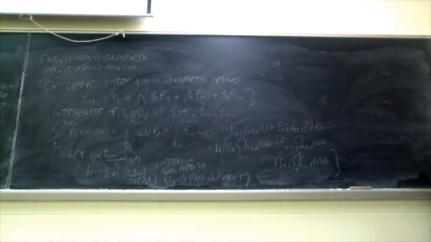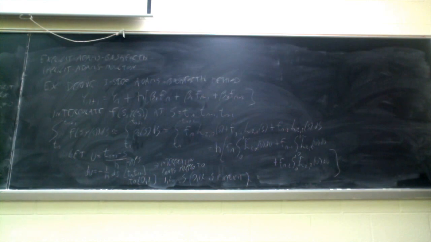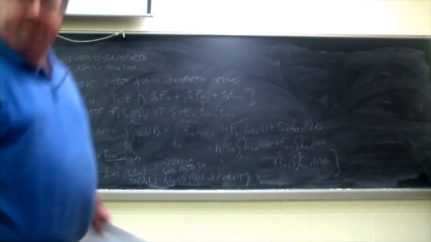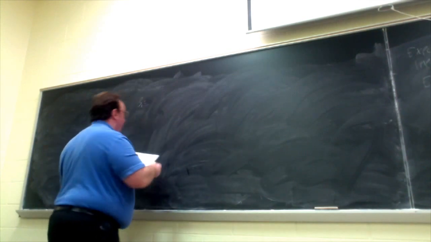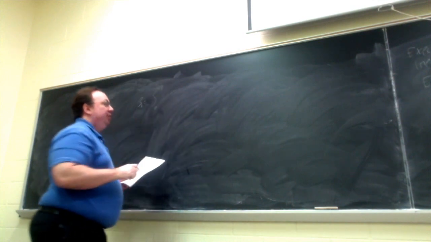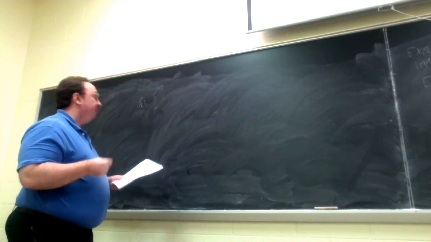So now I can go ahead and write out in full what these polynomials are. So beta 1 is just going to be the integral from 0 to 1 of a Lagrange polynomial that's equal to 0 at 2 and 3, and it's equal to 1 at 1.